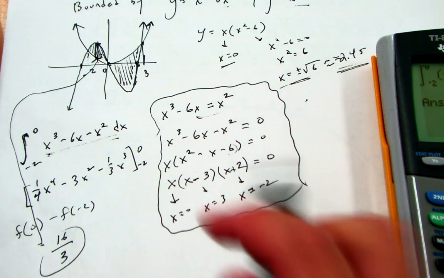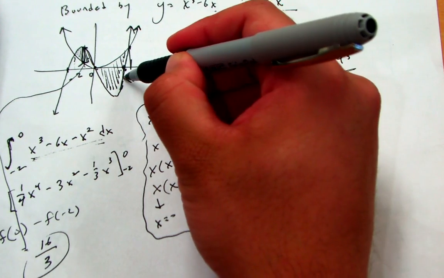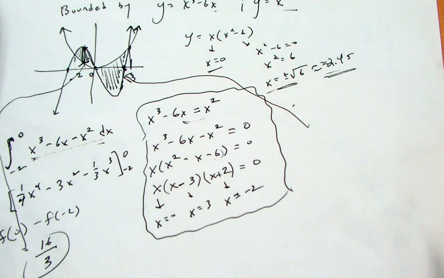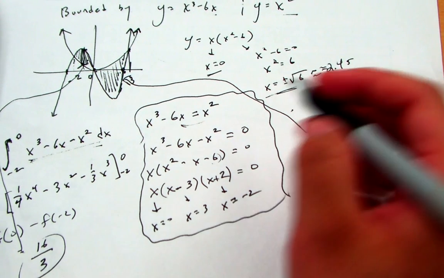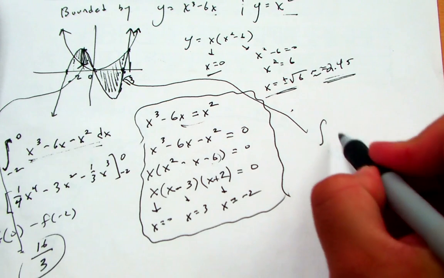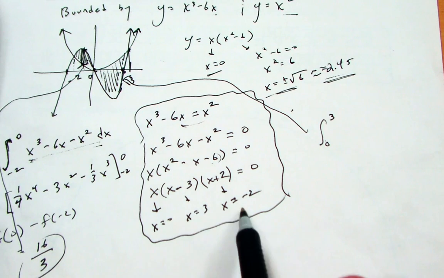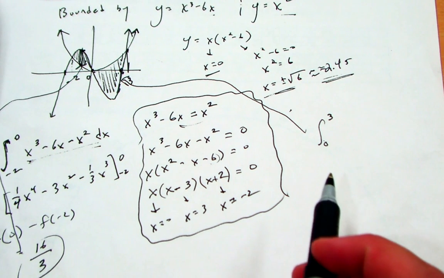Well, I still have this other region to deal with in my poorly budgeted space. I'll try to fit it in over here. Sure, why not? The integral from, well, let's see, the handoff here is from 0 all the way up to 3. Those are my intersection points. Well, this time my upper function is my parabola.